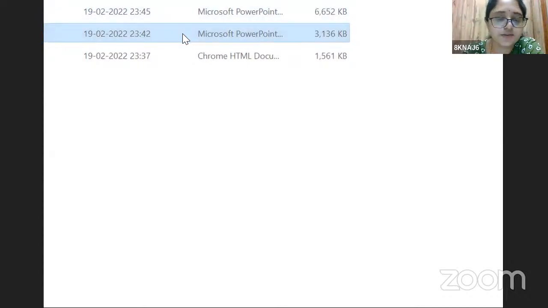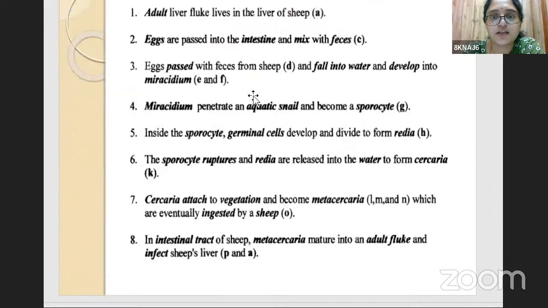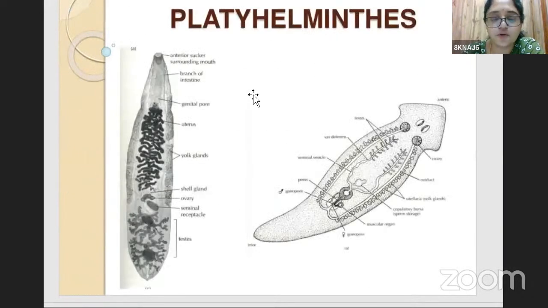There are 2 or 3 PowerPoints. Whatever I'm going to share is only for you to understand in an easier way. For the notes part, please follow your textbook. And that's about it.